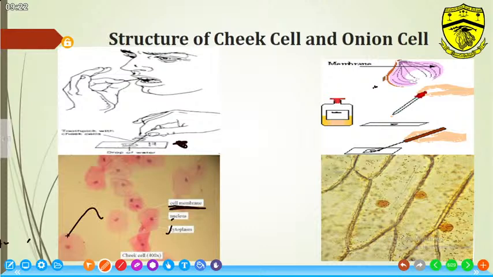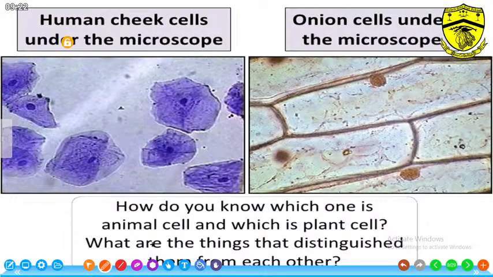This is the view in here, the onion cell. Next, human cheek cells under the microscope. This is the nucleus, and the cytoplasm is also present in it, and this one is the plasma membrane.